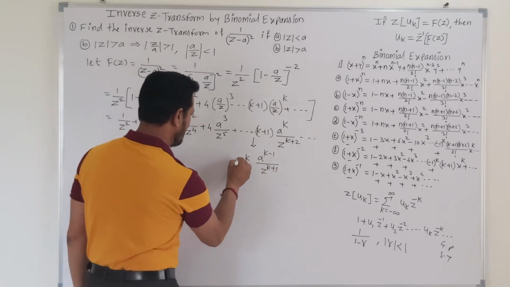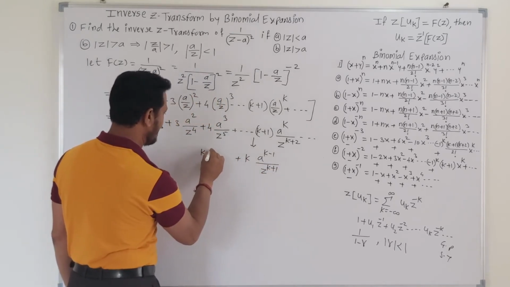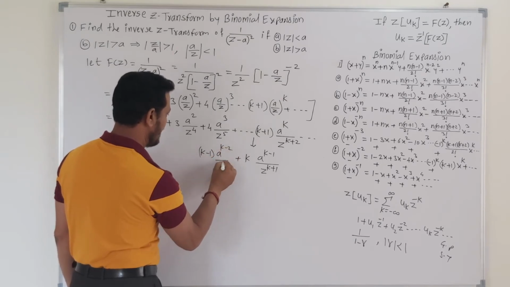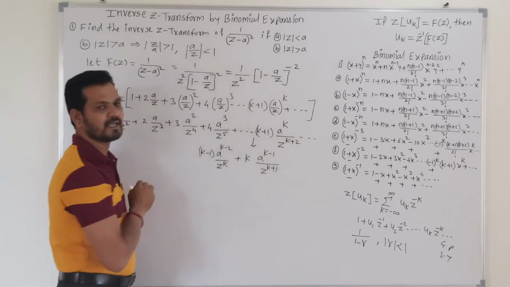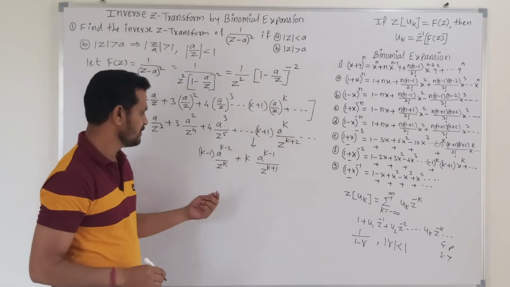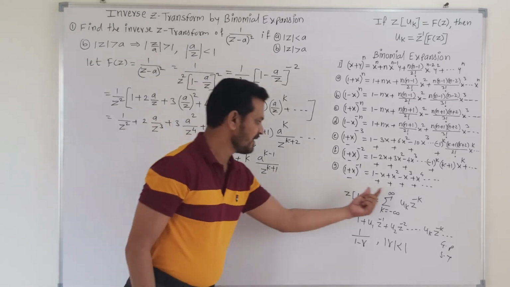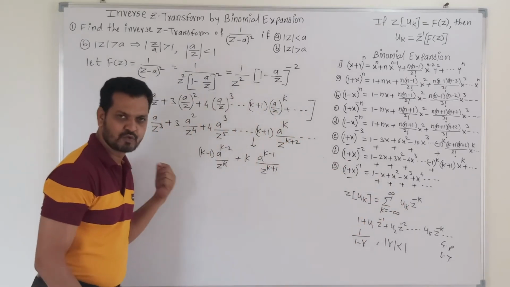So then previous to this term we get this as k minus 1 a raised to k minus 2 upon z raised to k. So we just take the previous two terms. So now here we get the power of z as k, and that is our interest. That's why we take previous two terms.